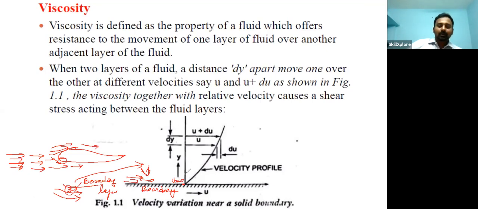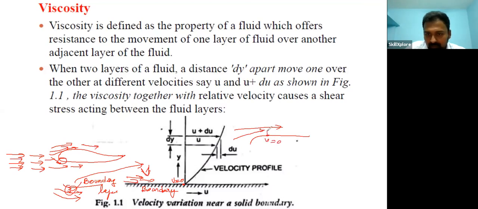If you move away from the boundary, like this, this is the flowing fluid. At this point, velocity is equal to zero.